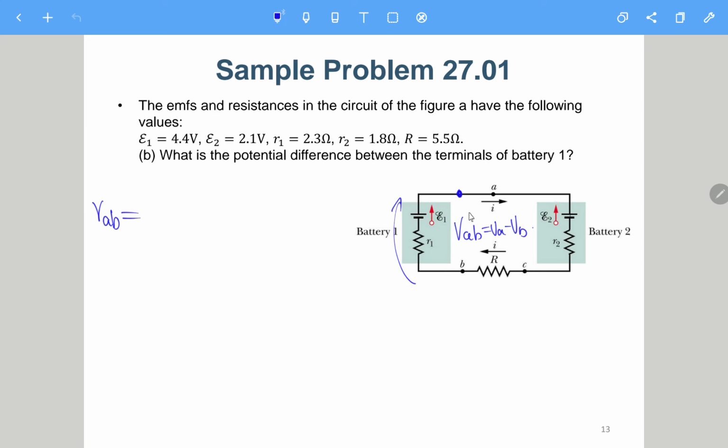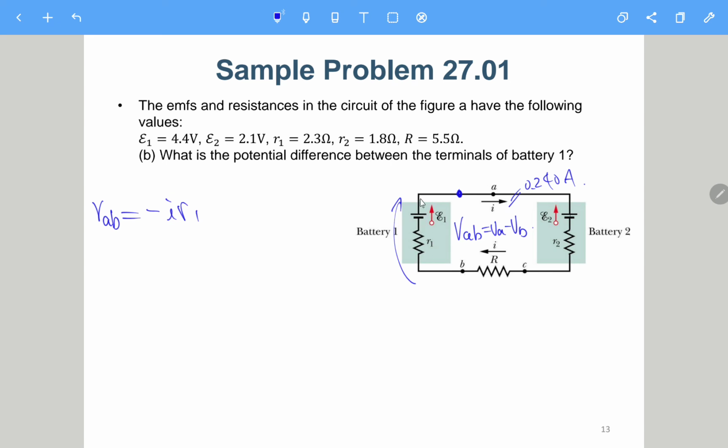Okay, so here VAB. We already know that I equals 0.2408. So here from point B going across R1, it should be minus IR1, because this direction has the same direction as the current.